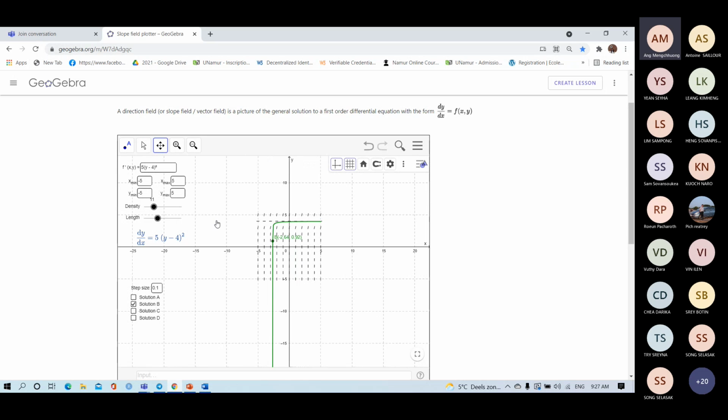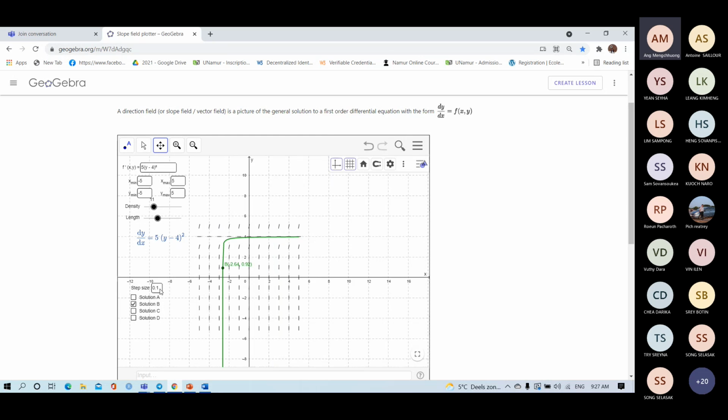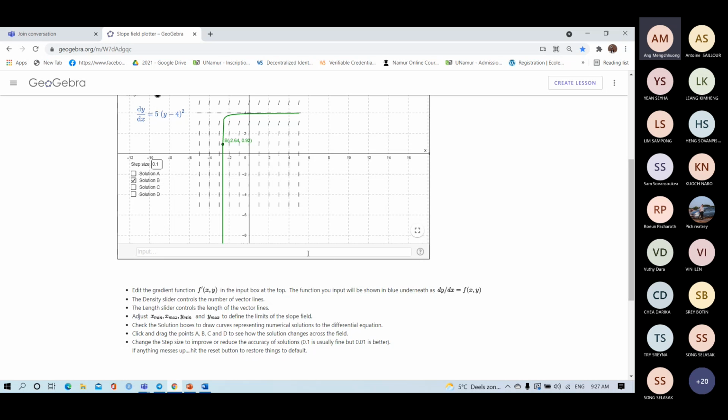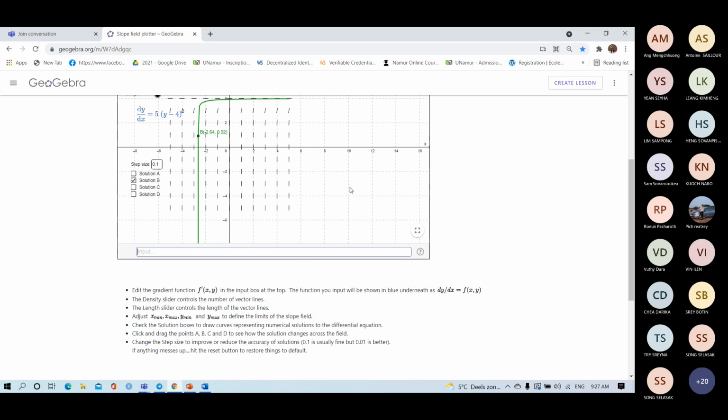Okay, what is the input here? For example, I put 5 here, 45 here. It's nothing here.